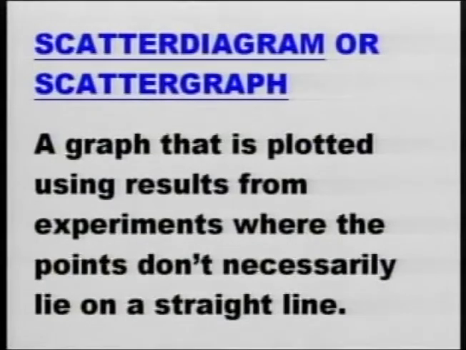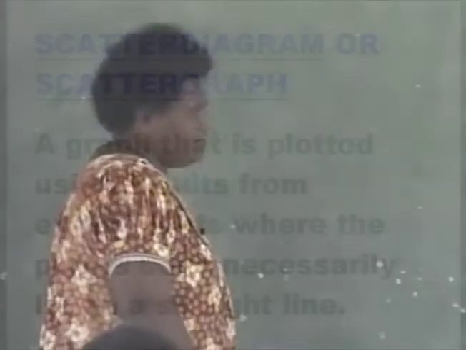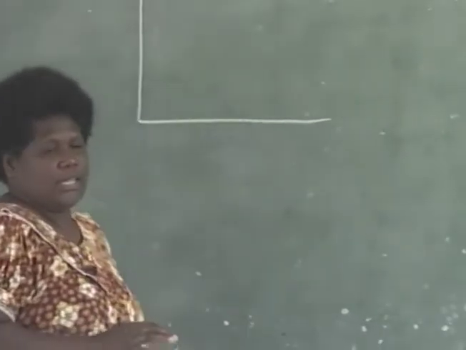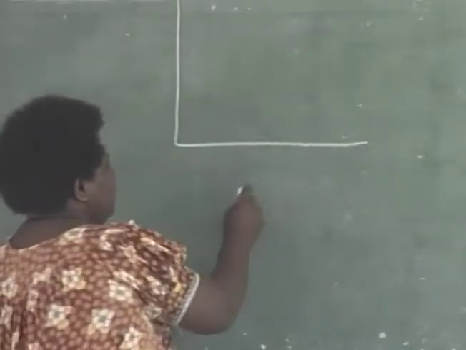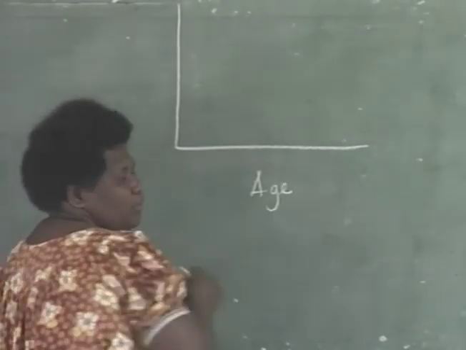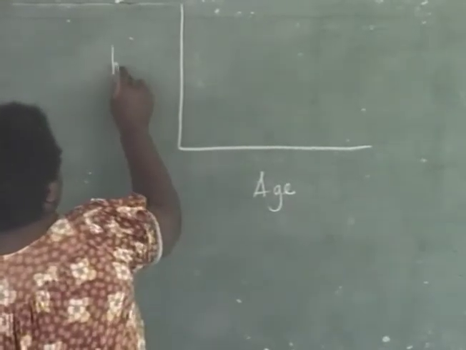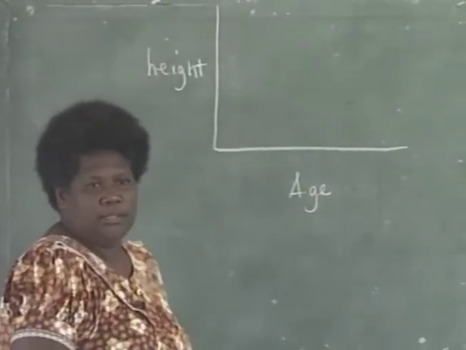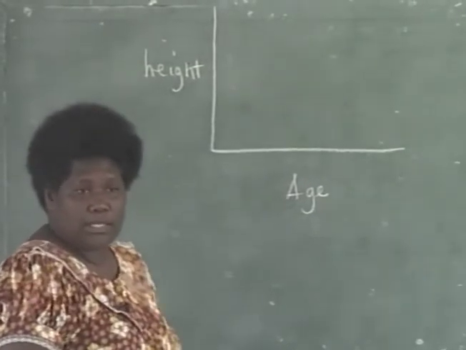Let's say we measured the heights and the ages of a group of children that live on planet Pluto. Okay, on planet Earth, first let's start off with children on planet Earth. If I put age on the horizontal axis and height on the vertical axis, usually as you grow older, your height is supposed to increase as well.